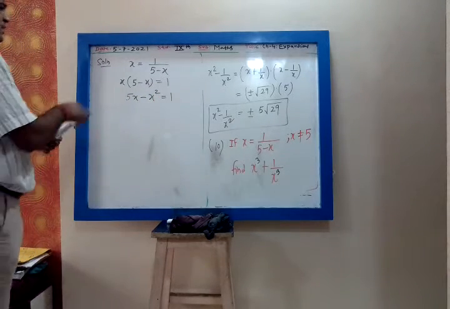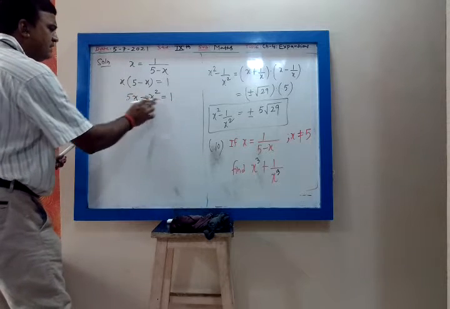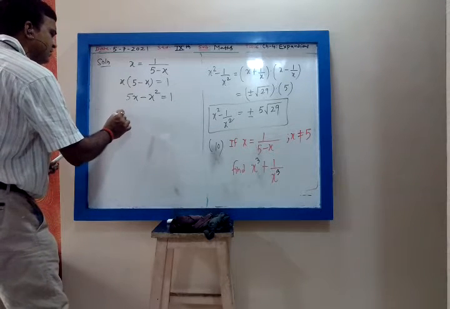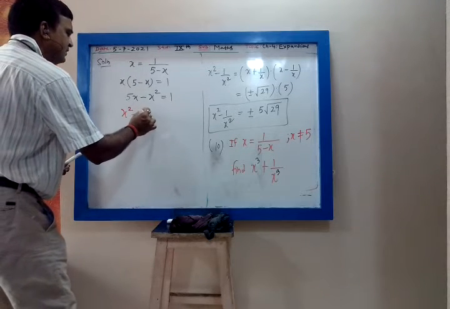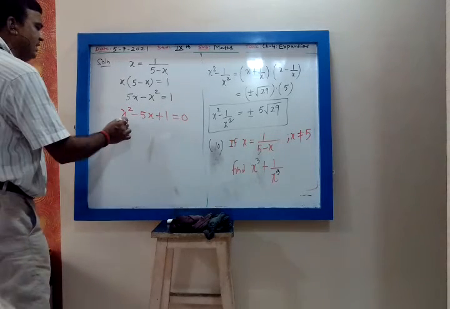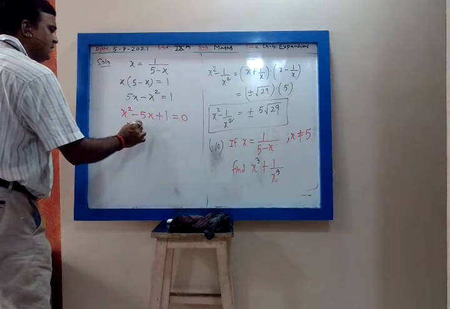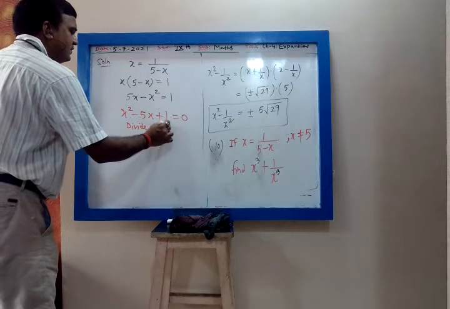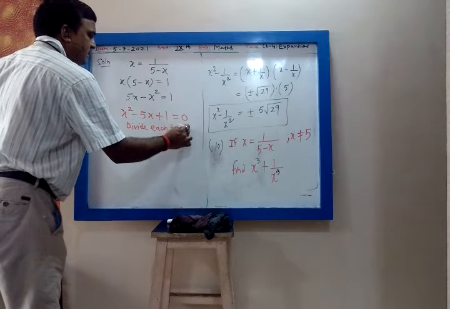Correct? Now this part you can rewrite. You take x square on this side, 5x on this side, so what will you get? X square minus 5x plus 1 equal to 0. Now this has become plus, so divide each term by x.